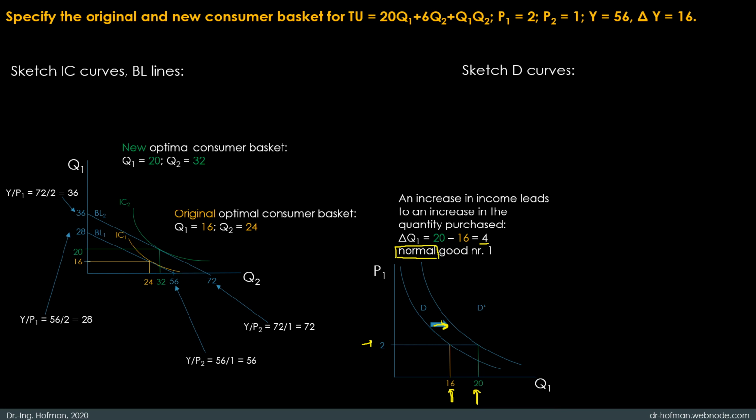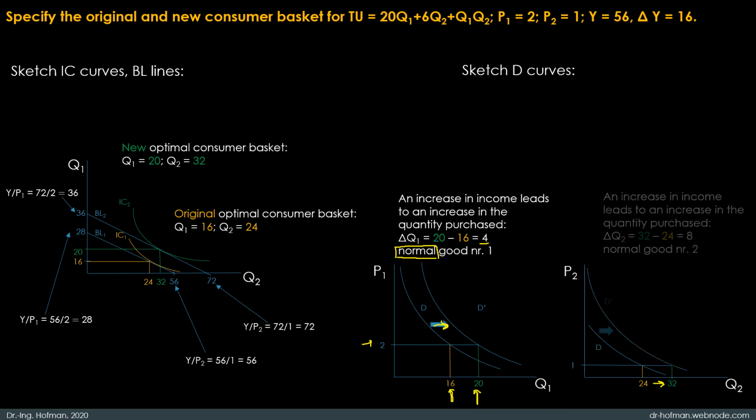Similarly, an increase in income for the second good leads to an increase in the quantity purchased. Delta Q2 is 32 minus 24. It means 8 pieces more were bought in the second situation, where the price is unchanged and stays at the level 1 euro for a piece of this good.